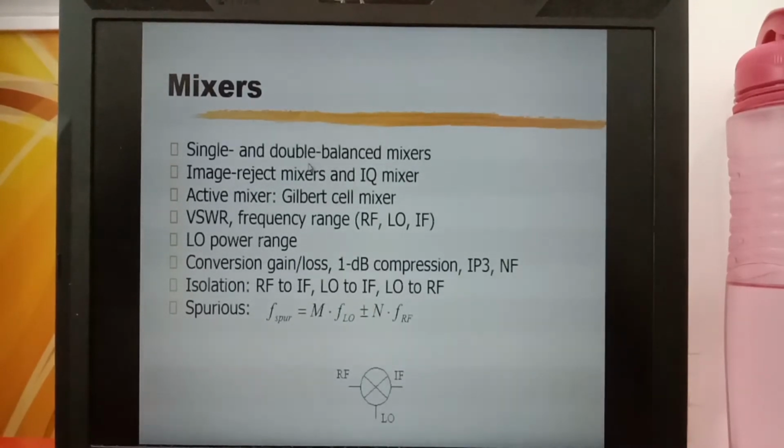If we want better performance, we can also select the image reject mixer, and in some applications we use IQ mixer. Typically, mixers are made of diodes.